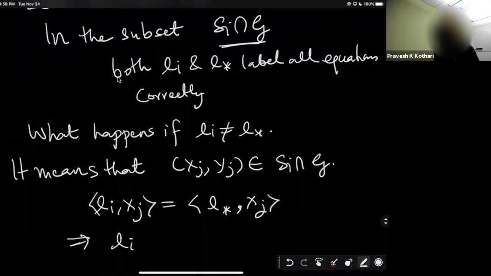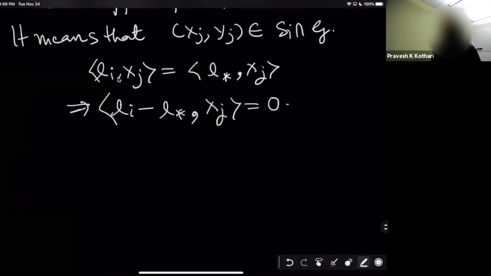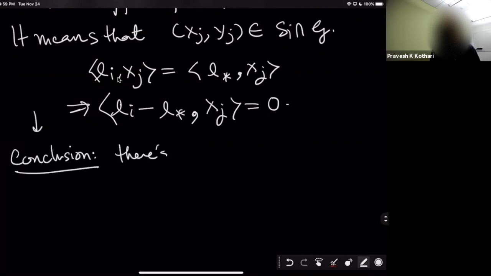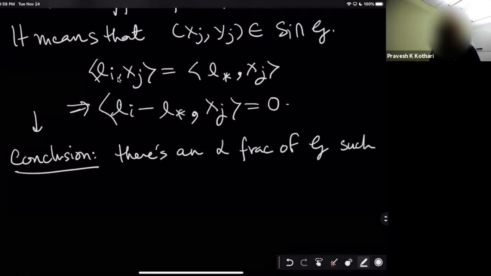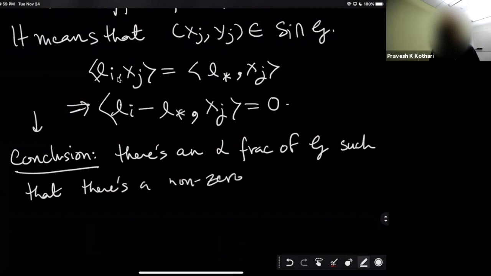It means that Li minus L star is a non-zero vector that is orthogonal to all xj. right? So from here, I want to derive the conclusion: there's an alpha fraction of G such that there is a non-zero vector orthogonal to all the equations in this alpha fraction.